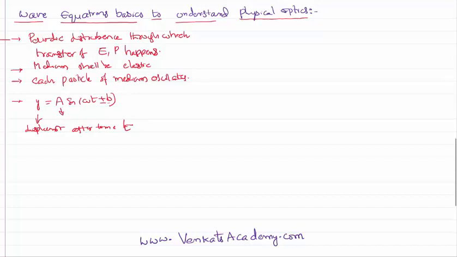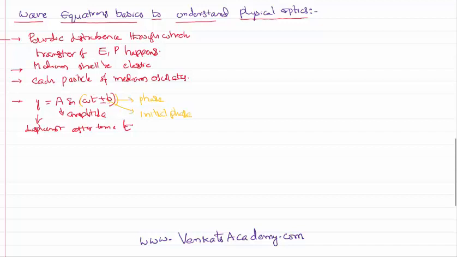A is the maximum possible displacement that the particle can have, called amplitude. This omega t plus or minus phi is together called phase. That's the position of the particle with reference to the mean position. This phi is called initial phase. Initially, if the particle starts from the mean position, then the phi value becomes 0.